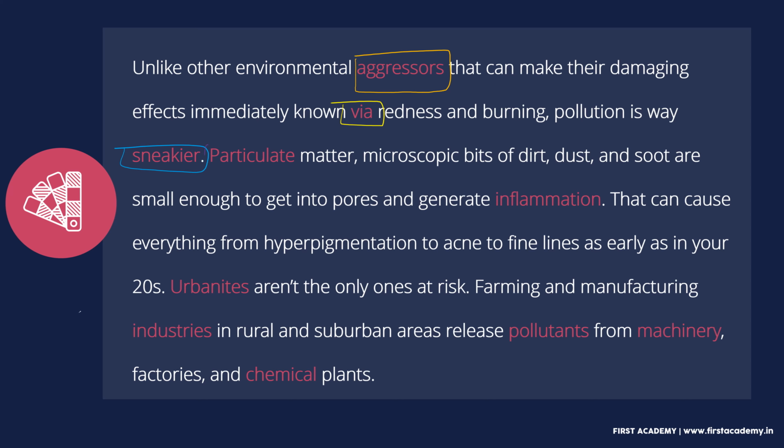Then we moved on to the word particulate. Then we've had inflammation, and then the word that would have got us slightly scratching our heads, urbanites. And then we have industries and pollutants and machinery. And the last word, the easiest of all, is chemicals.